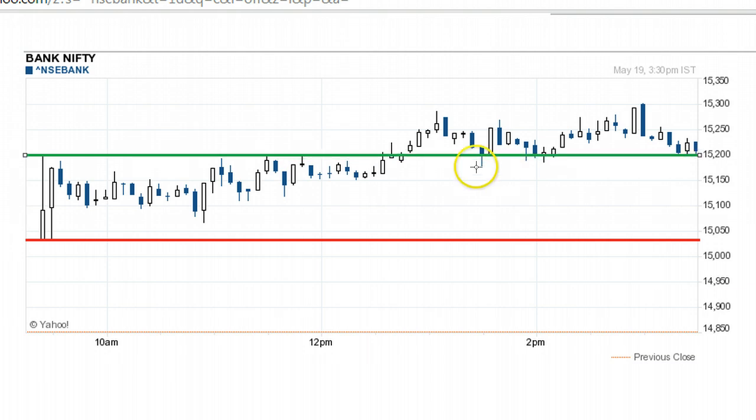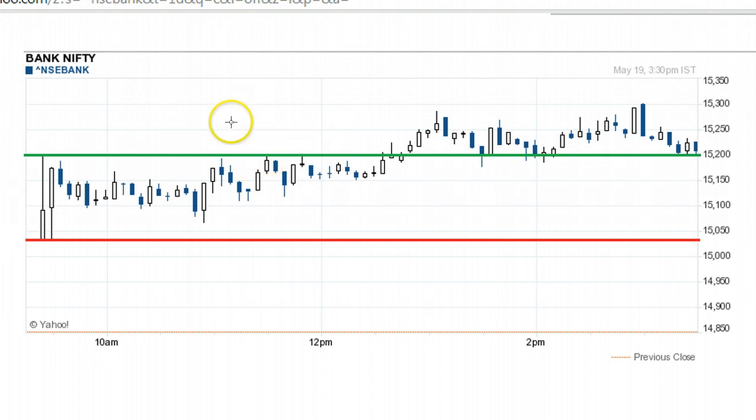You can see that I'm going to make circles going forward. After the first 1 hour, until 12 p.m. or until 1 p.m., it's not actually going anywhere, and it's facing resistance here.